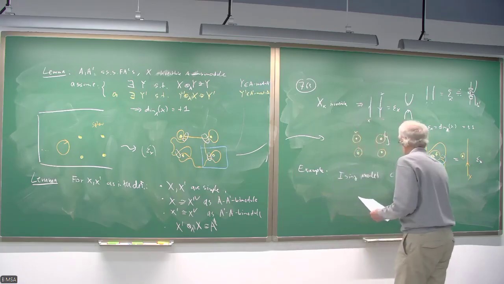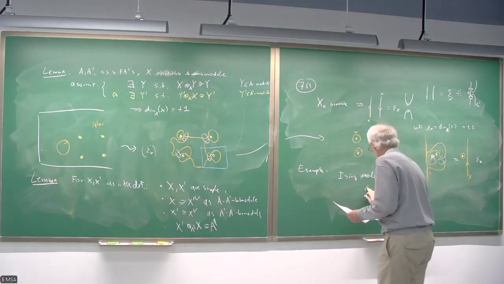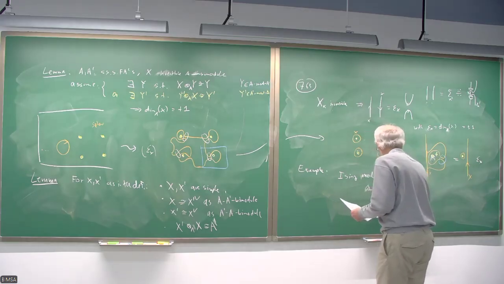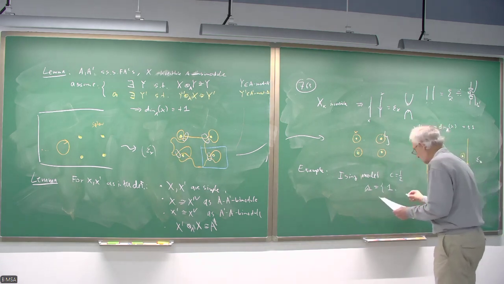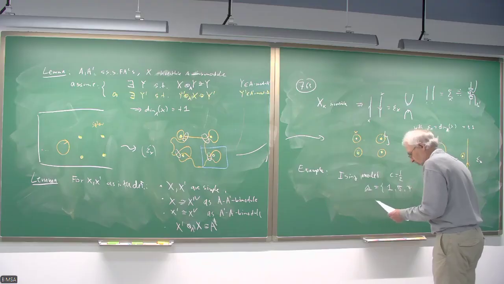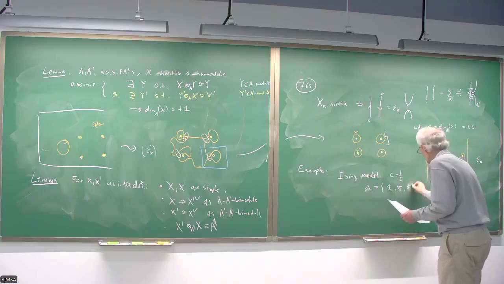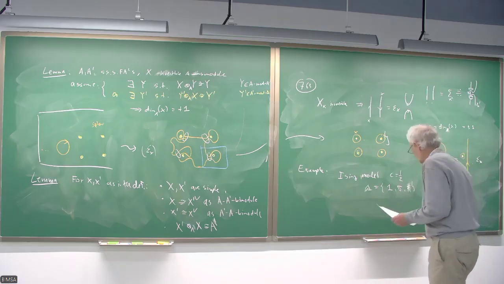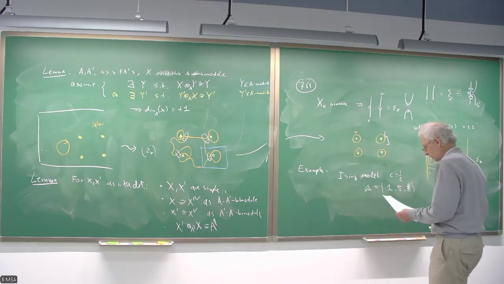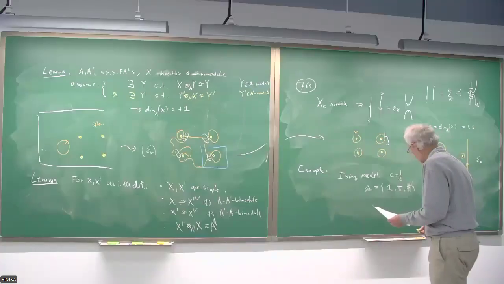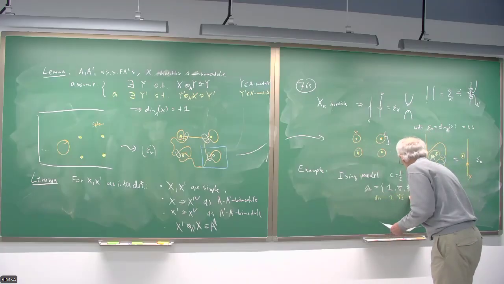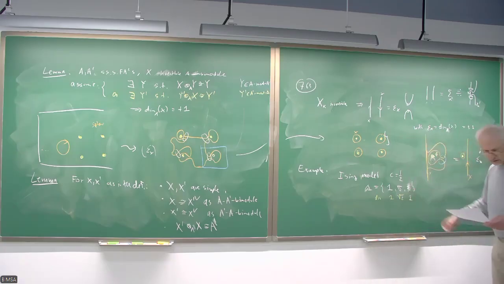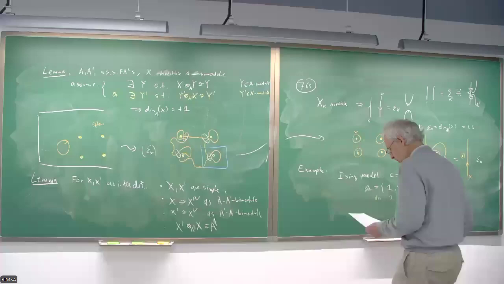It has central charge 1/2, and up to isomorphism it has three primaries. There are three simple objects, which are the monoidal unit, and then two others which are often denoted by sigma and epsilon, or sometimes psi. Their dimensions are 1, square root of 2, and 1. This is an invertible object.